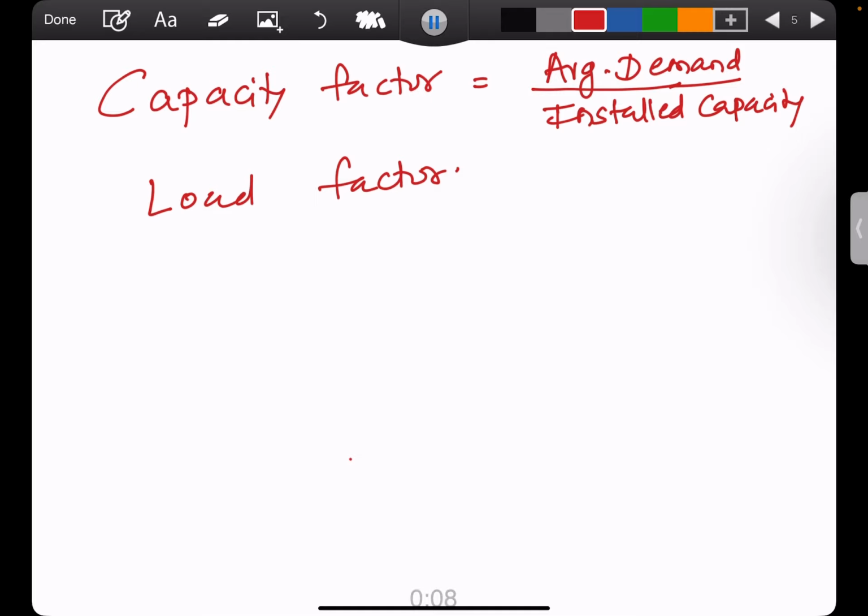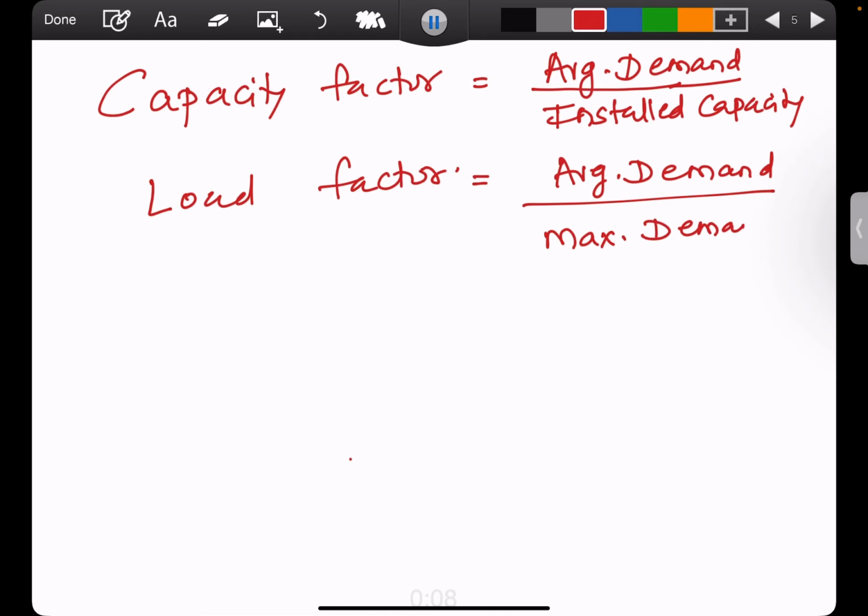Load factor is slightly different, because here also we compare with the average demand, but in the denominator we don't take the installed capacity, we instead take the maximum demand. At times maximum demand could be equal to the installed capacity, but generally the maximum demand would be lower than the installed capacity. So if a capacity factor is given and the installed capacity is known, one can figure out the average demand.